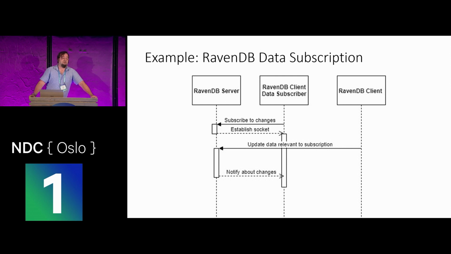We have a very nice feature in RavenDB: you can get real-time notifications for data that you subscribe to. If some data changes, the subscriber client will get a notification that something happened, right? This sounds nice, and you can implement lots of nice things with something like this.